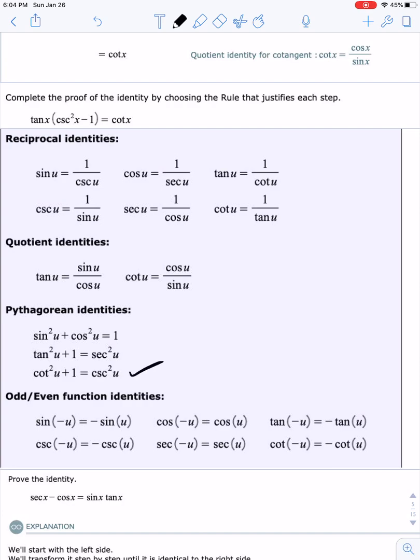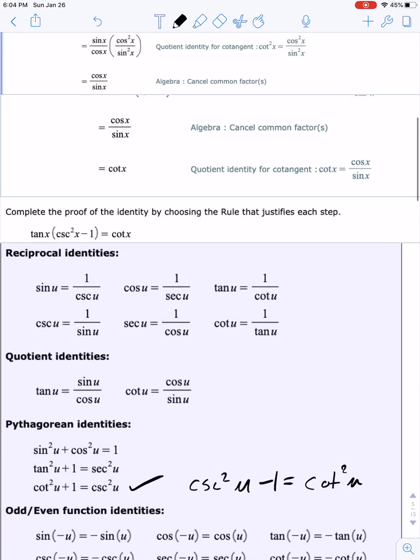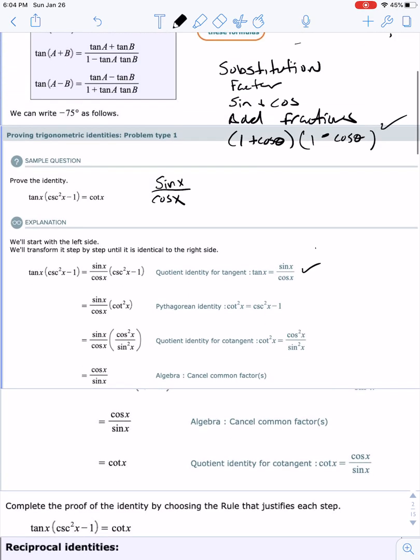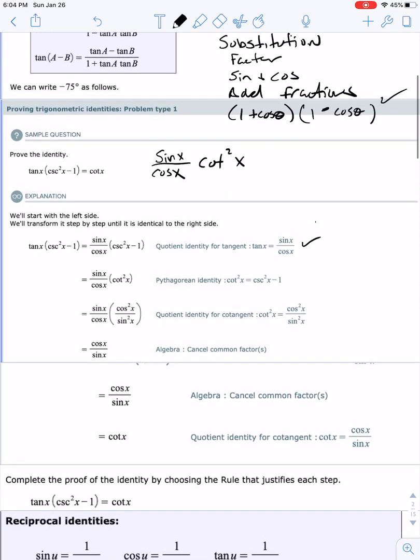When you rearrange that, cosecant squared u minus 1 is equal to cotangent squared u. So we're going to substitute that whole thing with cotangent squared x. And that reason is Pythagorean identity. So cotangent is equal to cosine over sine.